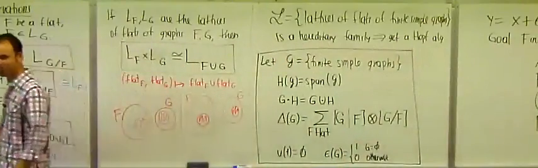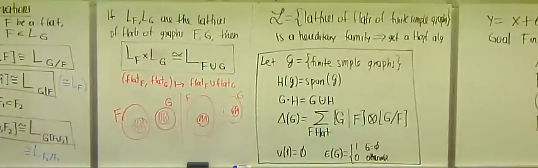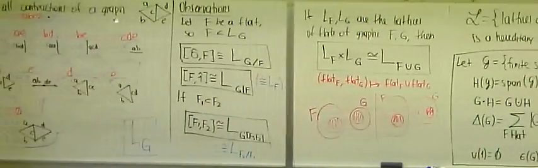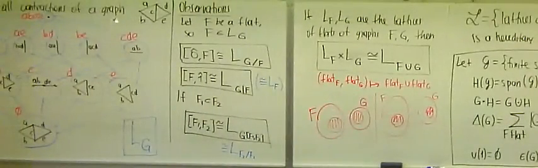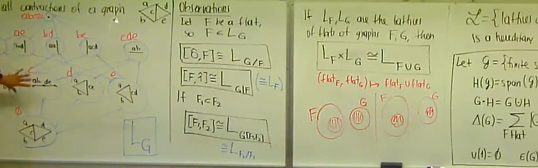Question? This is the one that's upside down, not the one in the middle. Right. So the problem is that there's a difference of convention, because some people draw the lattice of flats like this. The people that think of this as the lattice of flats, like me, draw it like this. The people that think of it as the lattice of contractions draw it exactly the opposite.